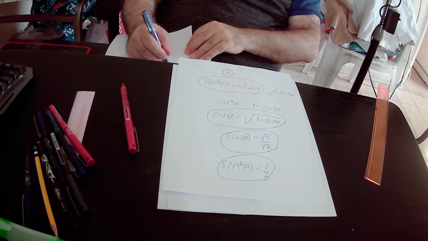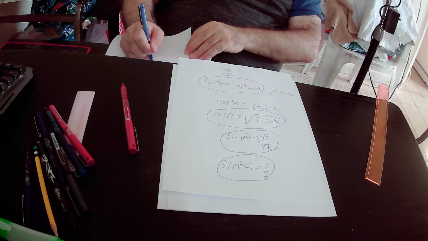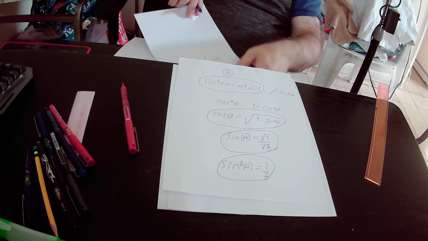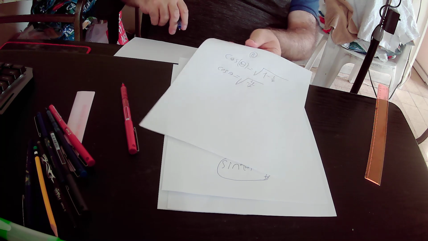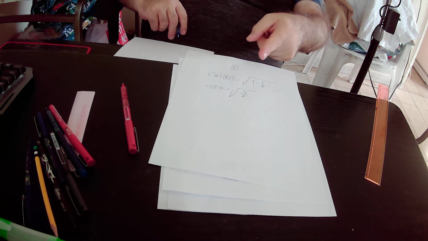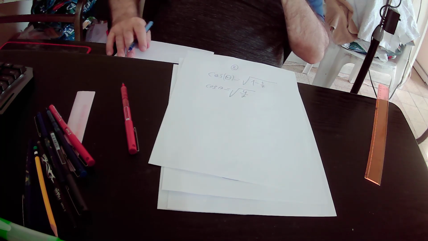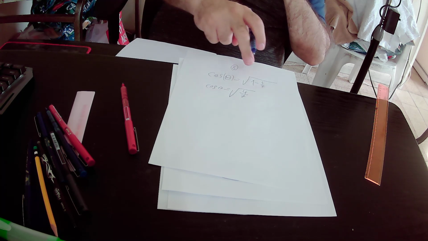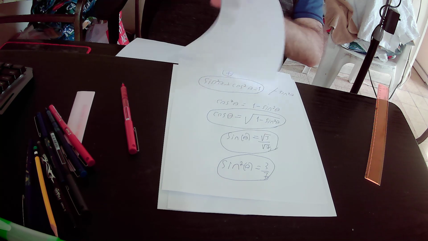Cosine theta equals the root of 4 over 7, and the root of 4 is 2, so I write it down.